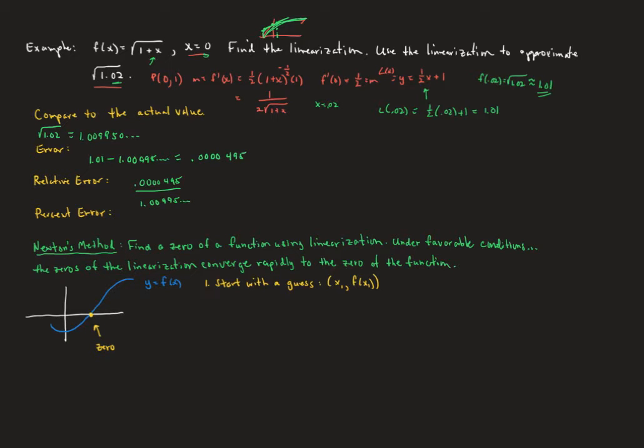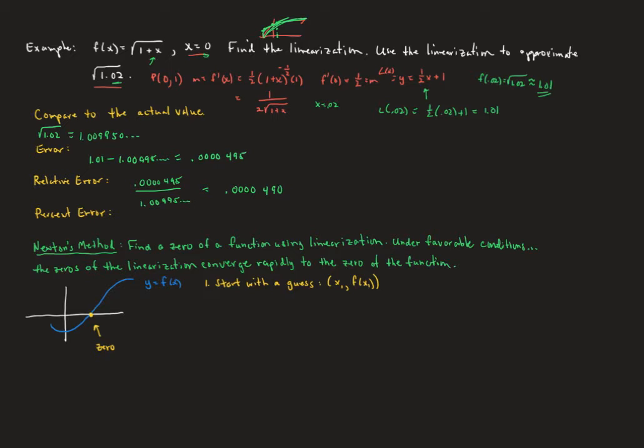So we'll use our calculator skills and not do the rounded answers, but take that calculator version of the square root of 1.02, the difference rather, the 0.000495, on and on, divide that by the 1.00995, on and on. And what I'm getting in scientific notation again is 4.90182 times 10 to the negative 5. So I'm going to call that 0.0000, and then it's like 490, and on and on and on. So that's the relative error.